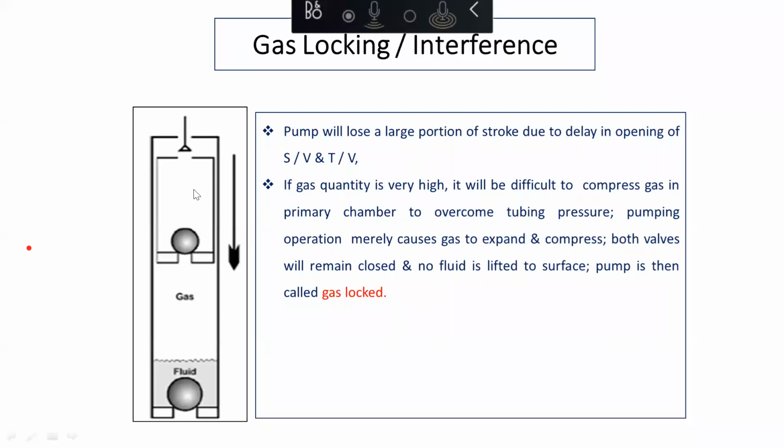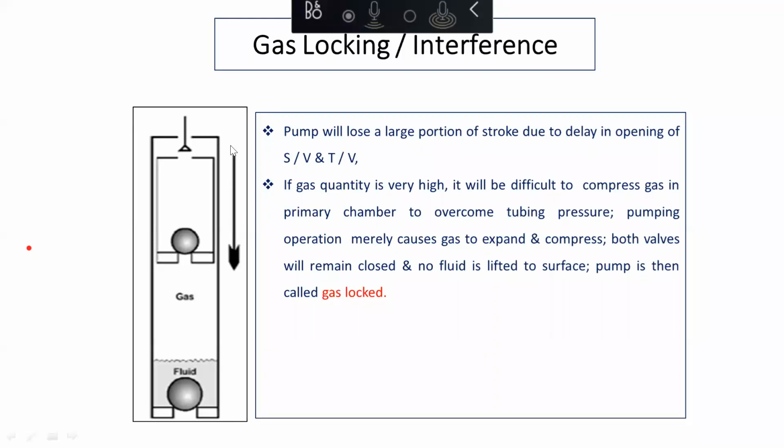In that case, you are not going to see any unloading at the surface. So basically, you are getting zero production of liquid, which will affect your efficiency. How are you going to solve this problem?